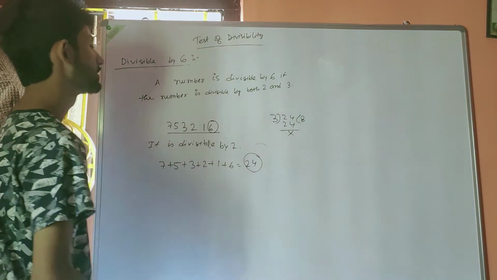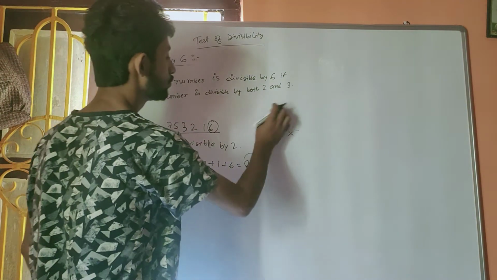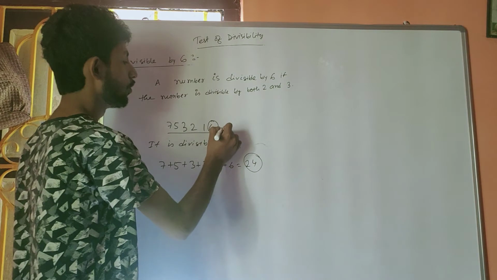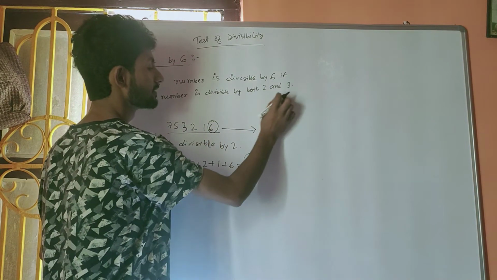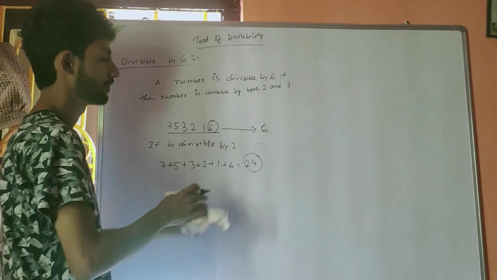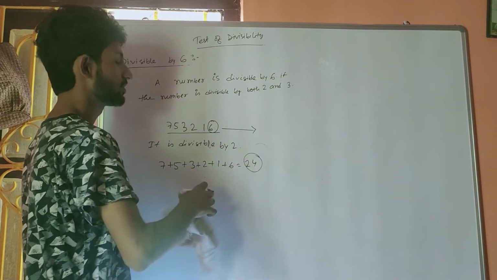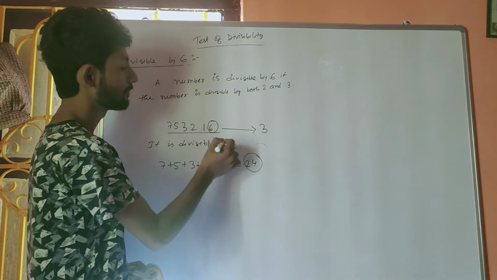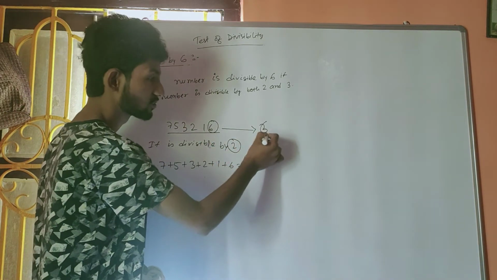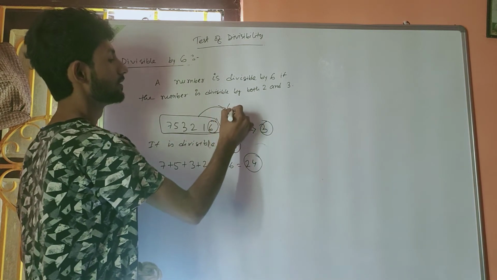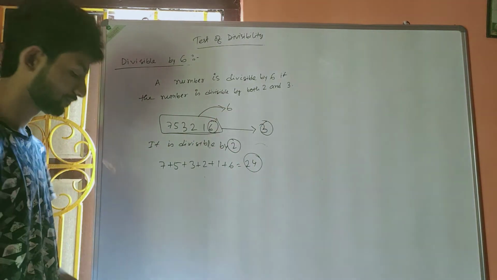So 24 is divisible by 3, so the whole number is divisible by 3. Since this number is divisible by 2 as well as 3, this number will be divisible by 6. Okay?